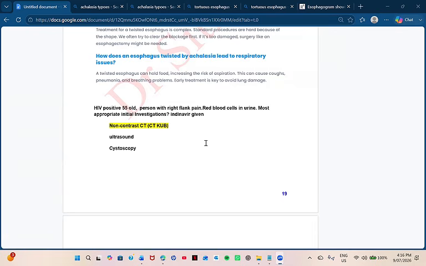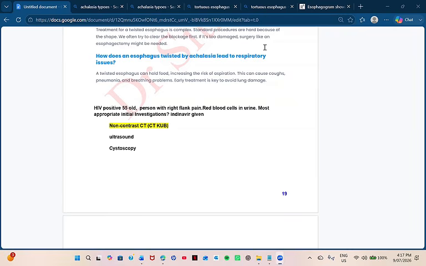So go with CTKUB and CTIVP. What are the other names? CT urogram, right? I showed that day how they can ask with different names. So CTKUB is the same, right, doctor?